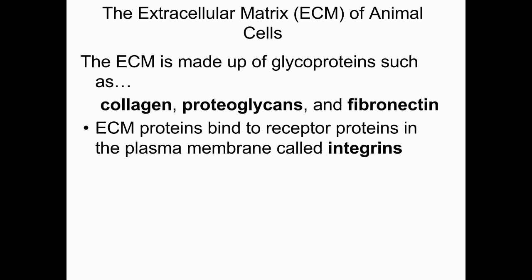What is the ECM made of? Collagen, proteoglycans, fibronectin. You don't need to memorize those terms. But let's break down the one in the middle, proteoglycans. You should be able to tell me what proteoglycans are made of. Proteins and? What are glycans?